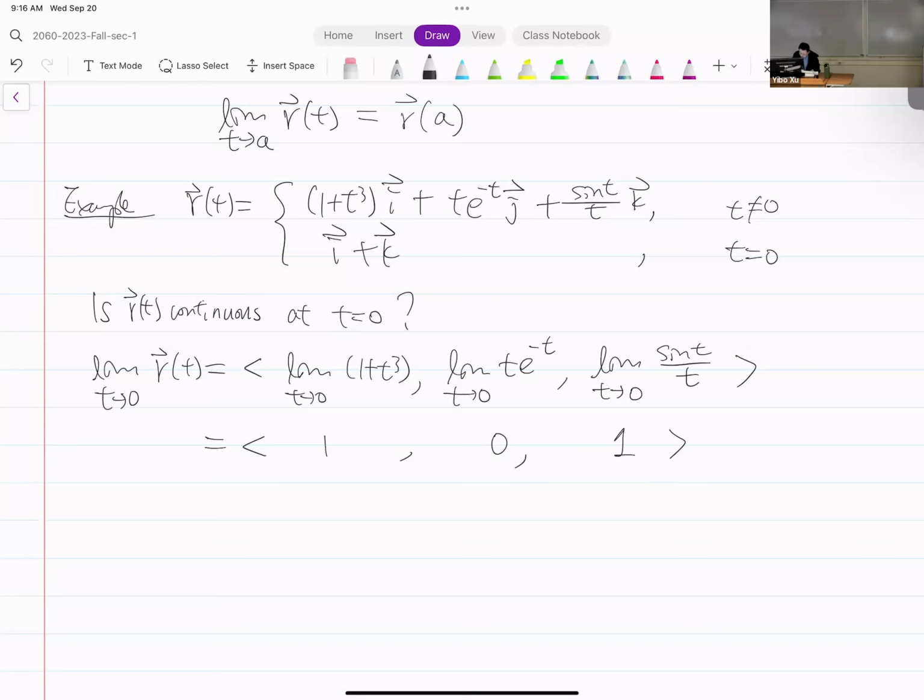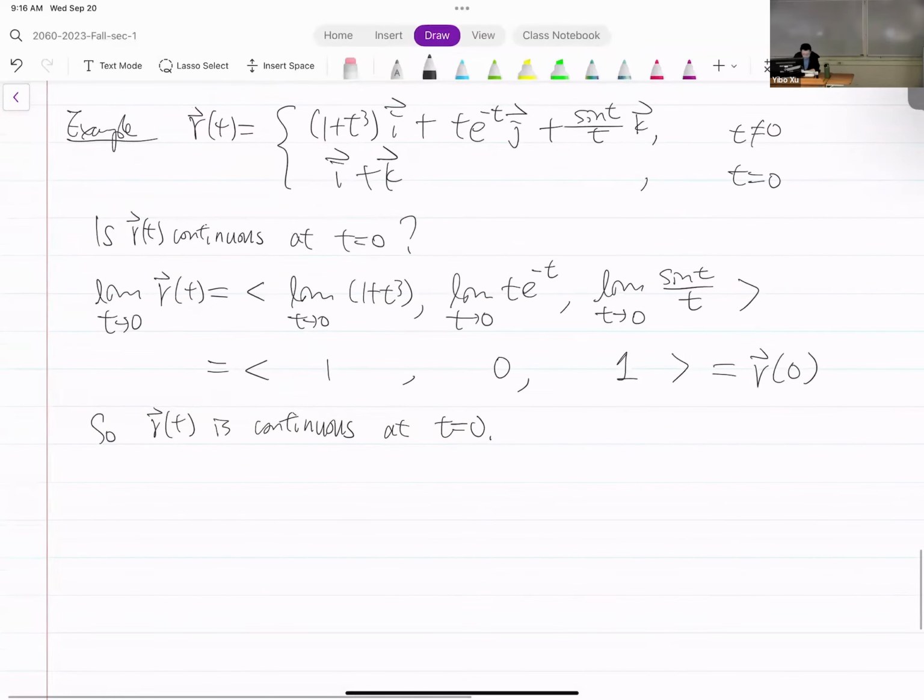If you want to write it in the standard basis, it's going to be i plus k. So that agrees with our r of 0. So to quickly write down the conclusion, the limit equals the function value, so r of t is continuous at t equals 0.